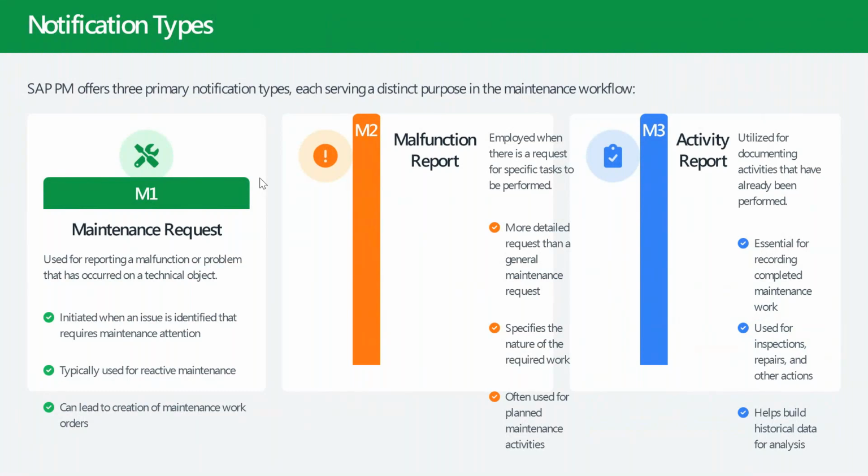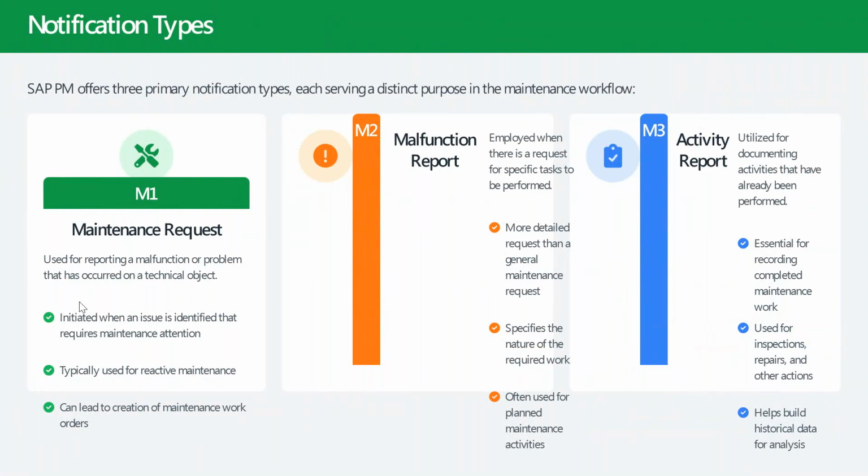So here M1, M2, and M3 are the three notification types given by SAP. M2 is for malfunction report, and M3 is for activity report. M1 is the maintenance request, used for reporting a malfunction or problem that has occurred on a technical object. So you can compare it with an issue.